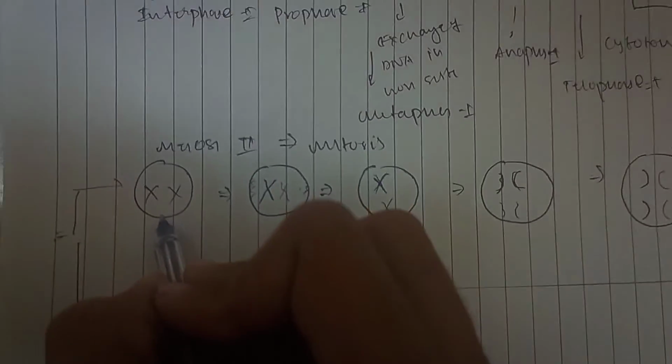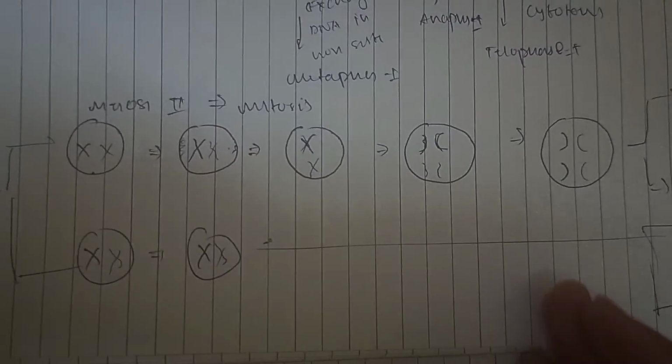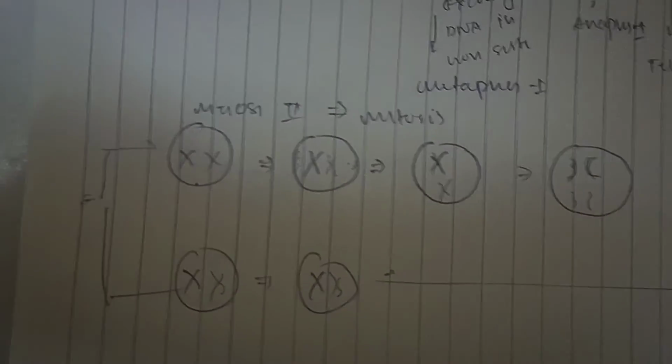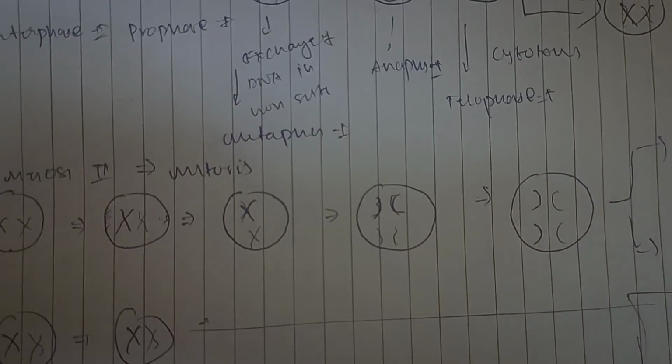Before, here were 2 chromosomes, and here also 2 chromosomes, so there is no reduction. It's just a multiplication of the chromosomes. I think you understand this topic, and thanks for watching.